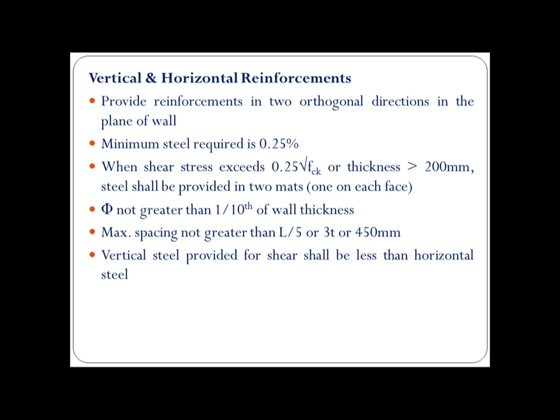The diameter of the bar used shall not be greater than one tenth of the wall thickness, and maximum spacing shall not be greater than L by 5, where L is the length of the web, or 3 times the thickness of the wall, or 450 mm, whichever is minimum. Vertical steel provided for a shear wall shall not be less than the horizontal steel.